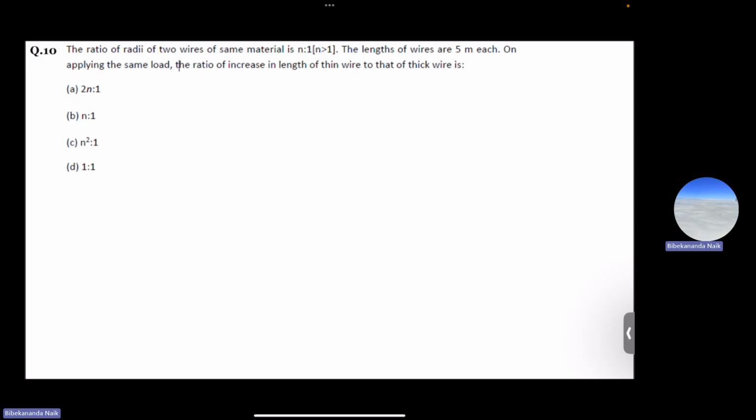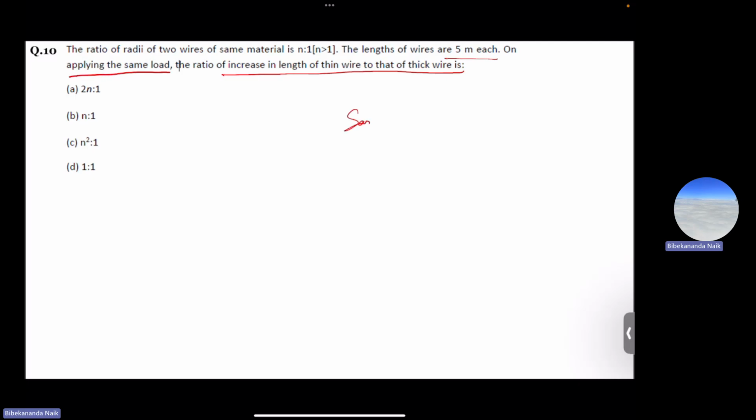So in previous questions there were some definite numerical values of the ratios, and here we need to find out the ratio of increase in length of the thin wire to that of the thick wire. So the length of the wire are 5 meter each, and we are applying same load.